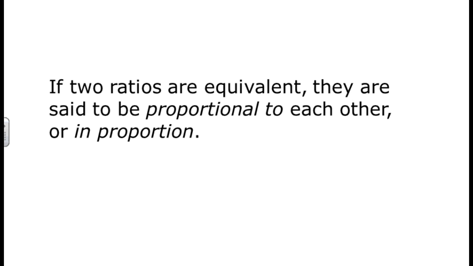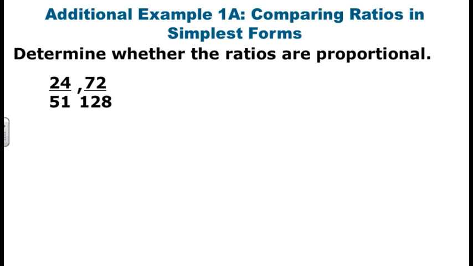All right, so if two ratios are equivalent, they are said to be proportional to each other or in proportion. We need to determine whether the ratios are proportional. We have 24/51 and 72/128. The first thing we have to do is simplify both ratios.